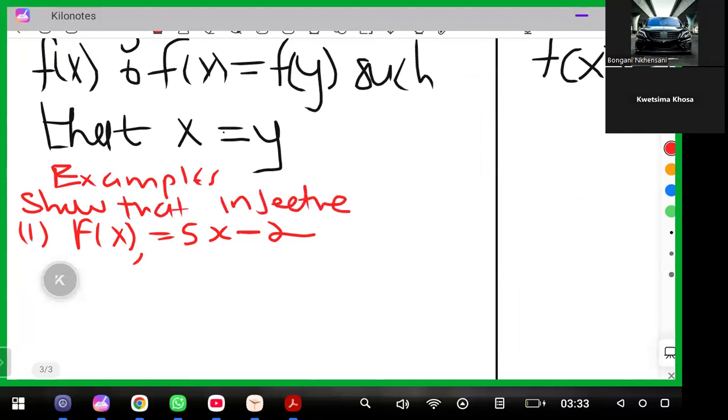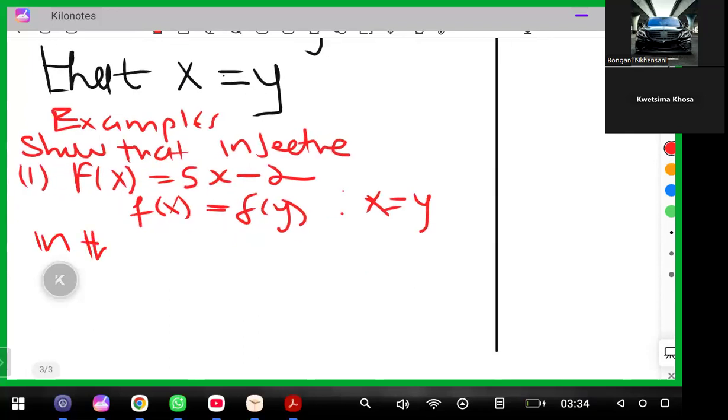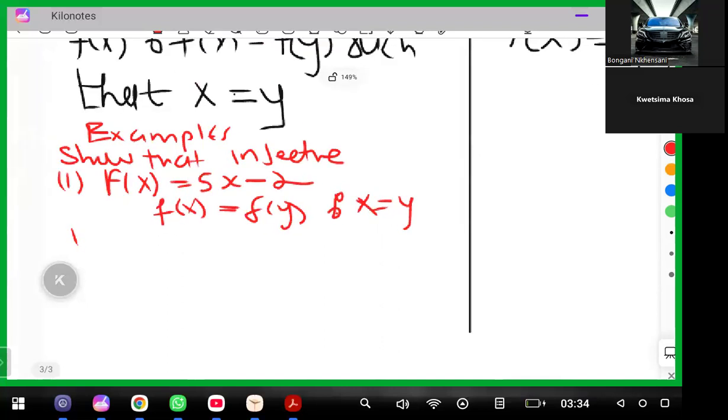We must check f of x equal to f of y, such that we know x must be equal to y, within the set. They didn't say real numbers or whatsoever.